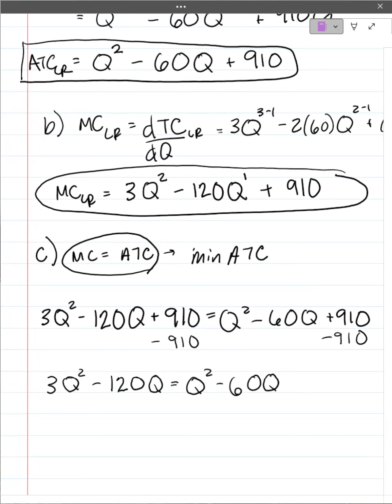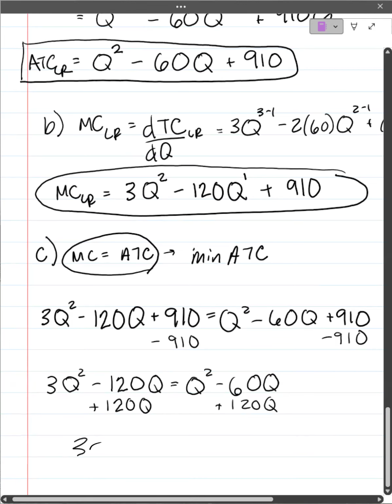And now what I'm going to do is add 120 times quantity to both sides. That will leave us with 3 times quantity squared on the left-hand side equal to quantity squared plus 60 times quantity on the right-hand side.